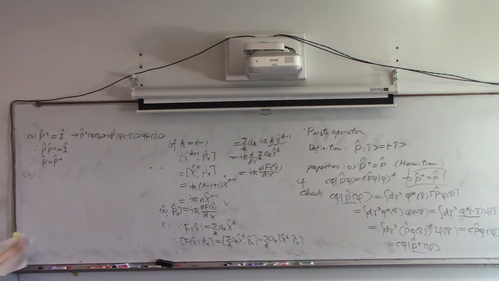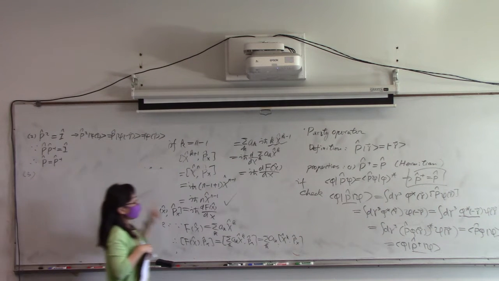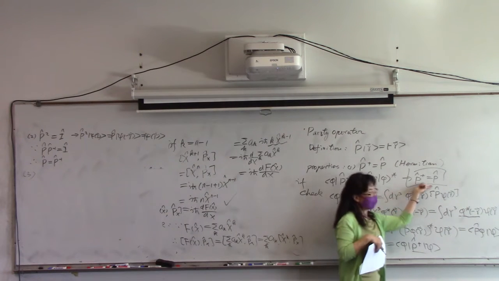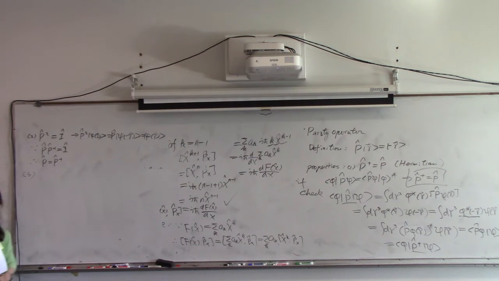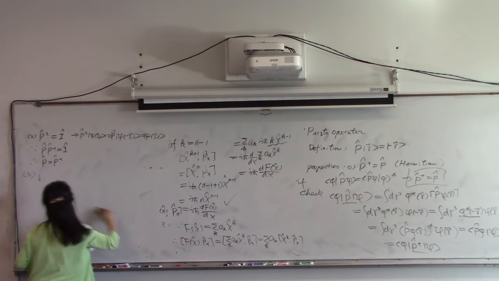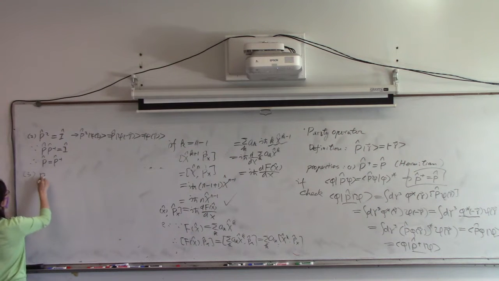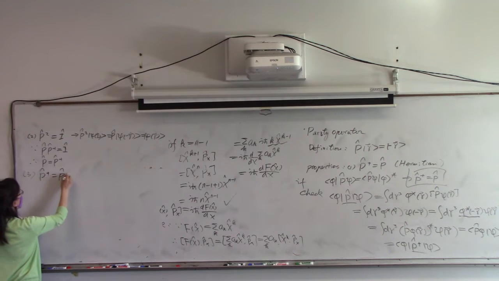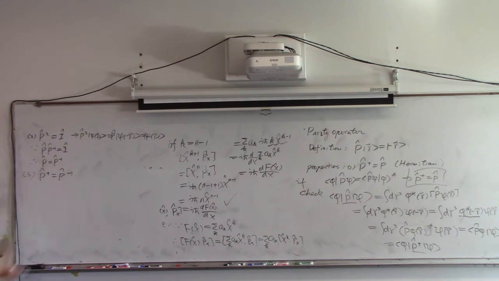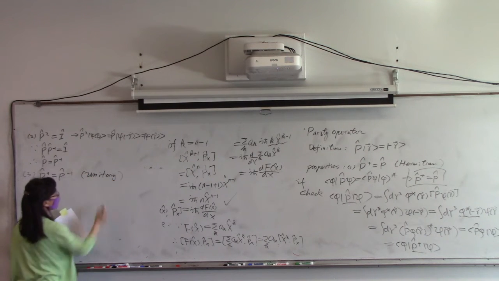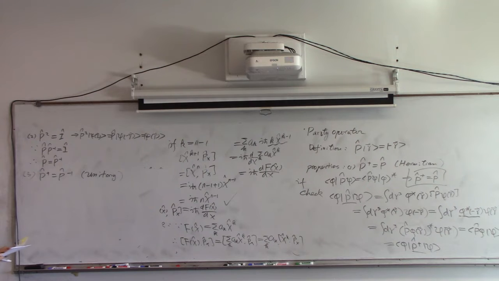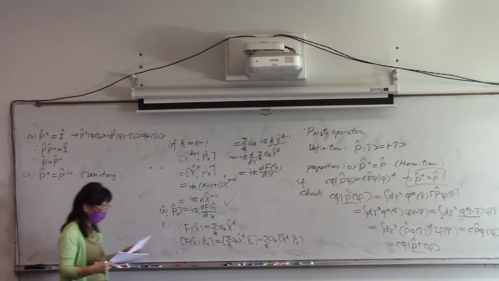Then what do we mean? P itself equals its complex conjugate and also equals its inverse. So what is the property of P? Unitary, right? Unitary means this, right? So that is also a unitary operator. Very important, very interesting in this case, right?